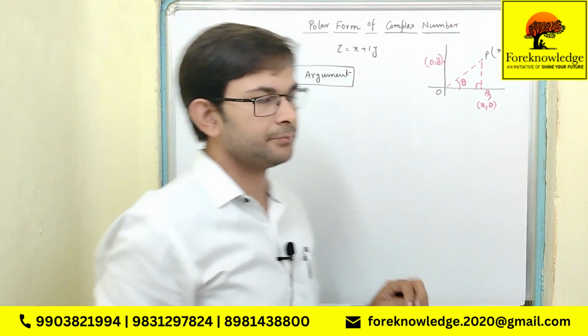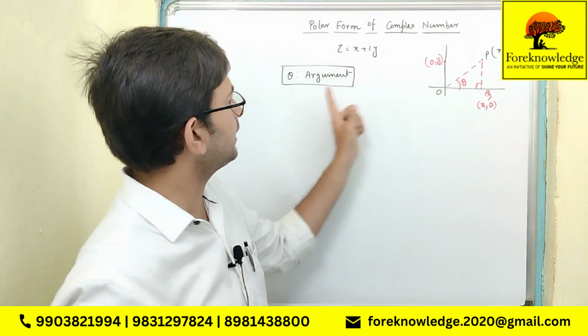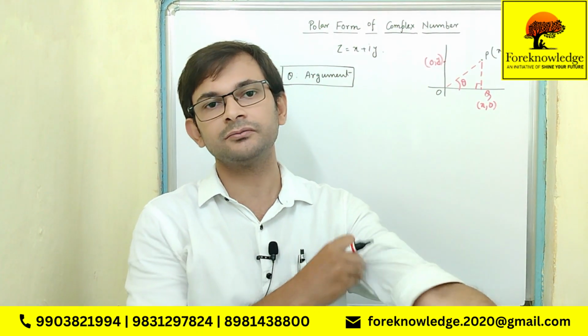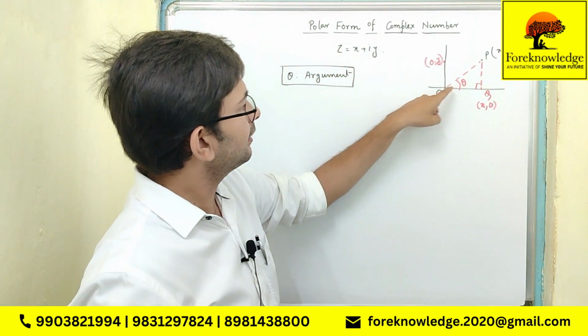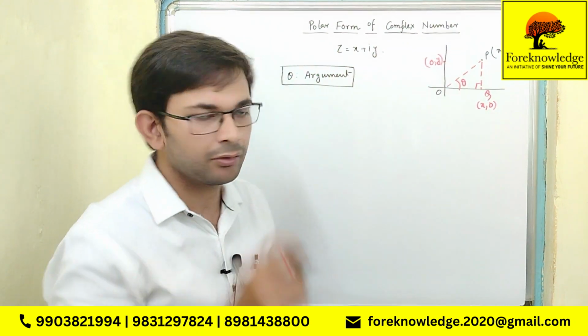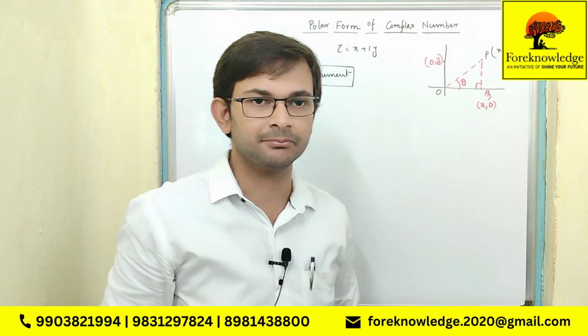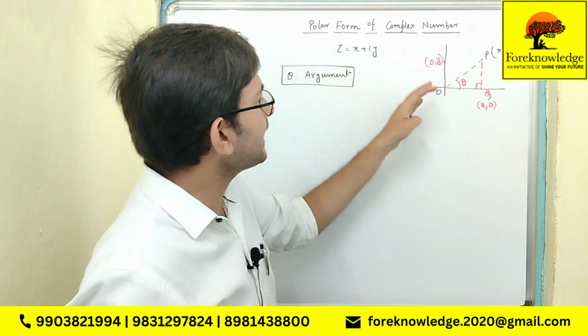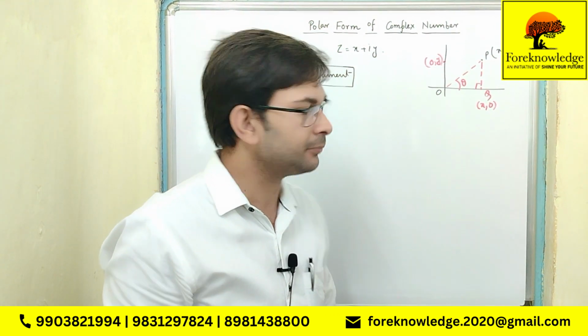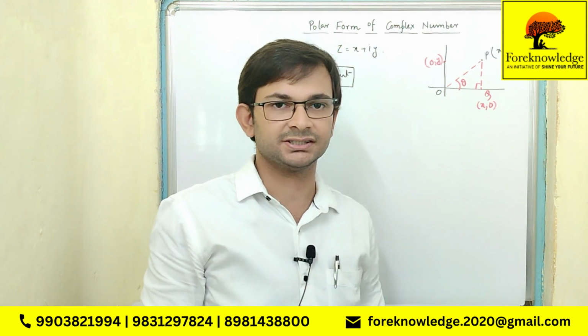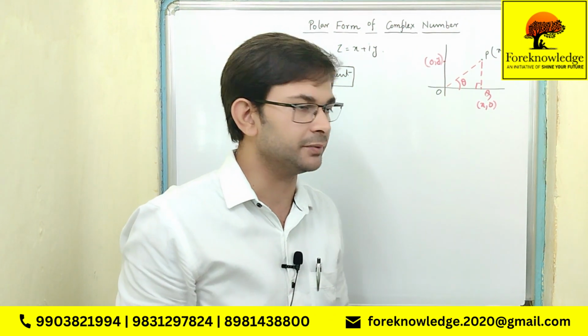Now for any complex number, we will be having an argument. What is argument? Argument means if you join the origin, that means O, to the complex number, then the angle that is made with the positive direction of x-axis, that is called the argument.